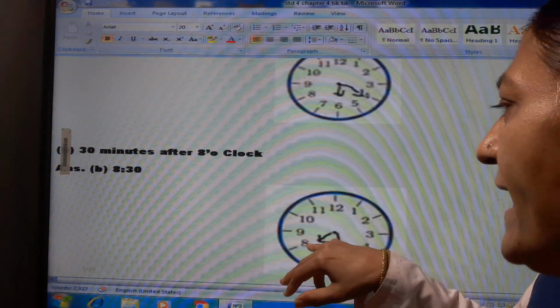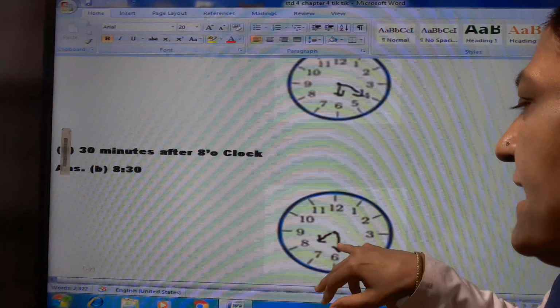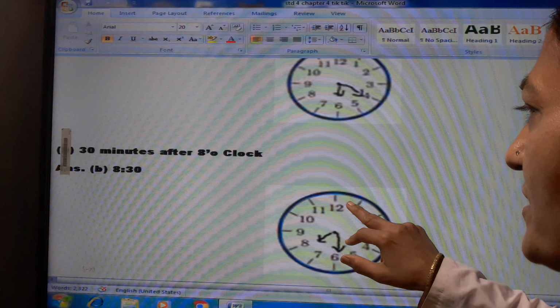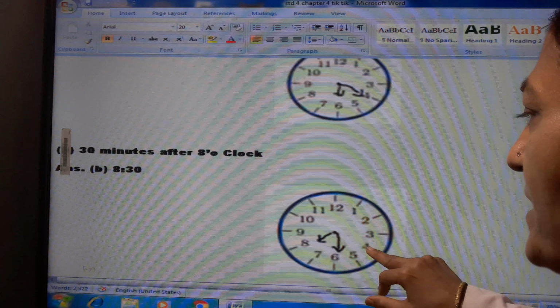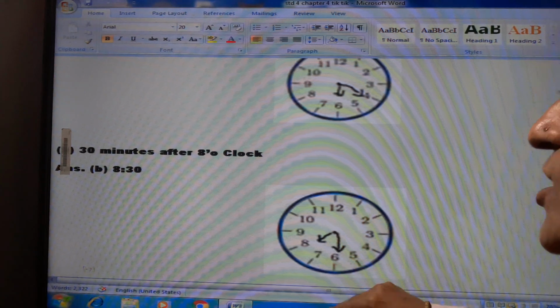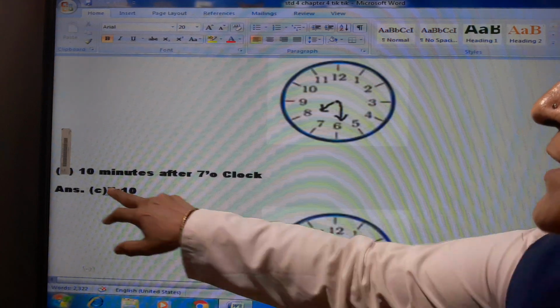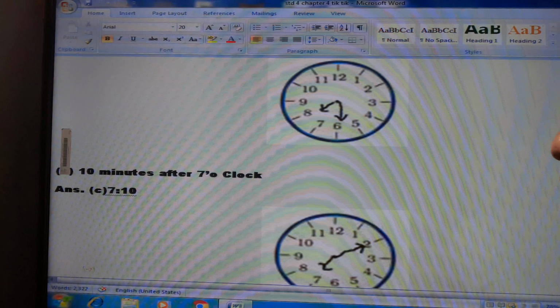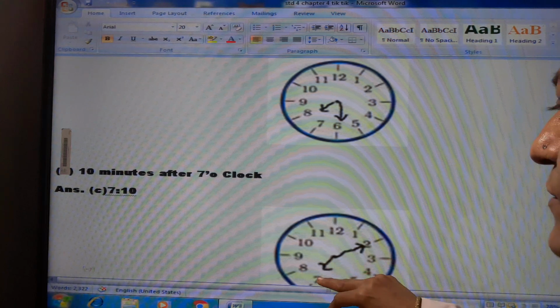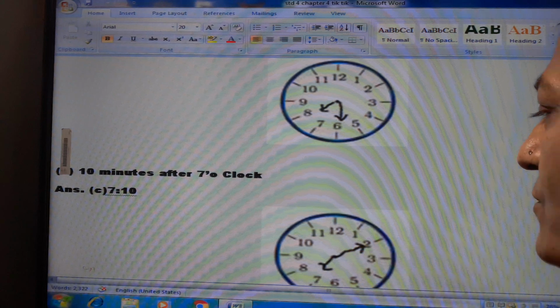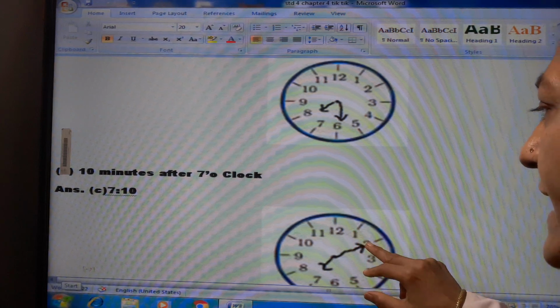So the hour hand we have to draw on 8 and the minute hand on 6. 6 means 30. 5, 10, 15, 20, 25 and 30. So 8:30 is there. Now 10 minutes after 7 o'clock. The hour hand we have to draw on 7 and the minute hand on 2. 5 and 10.